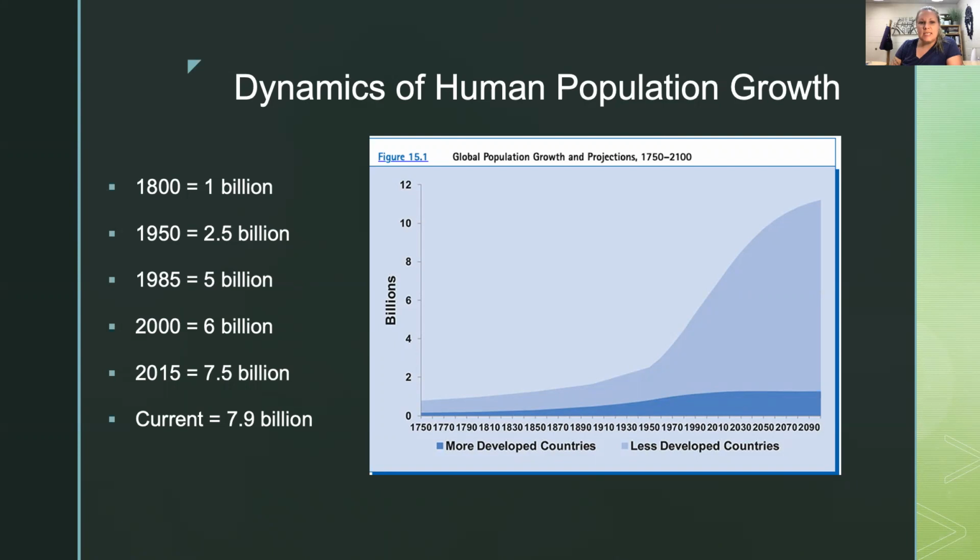So we started to see, after 1950, what we call exponential growth. We currently have, the estimate is about 7.9 billion people living on the earth. And there are some estimates saying that by 2030, we might reach 10 billion.